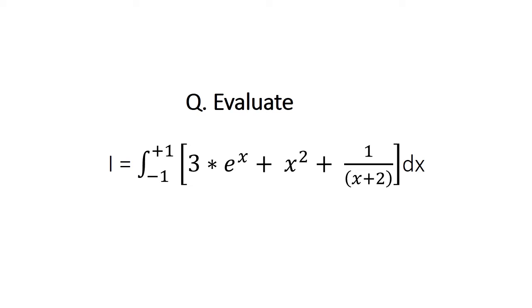integral between -1 to +1, (3 into e raised to x plus x square plus 1) upon (x plus 2) dx. So the problem statement is that we are supposed to evaluate 3 into e raised to x plus x square plus 1 upon x plus 2 dx, and we have to evaluate this equation between the limits of -1 and +1, where the lower limit is -1 while the upper limit is +1.